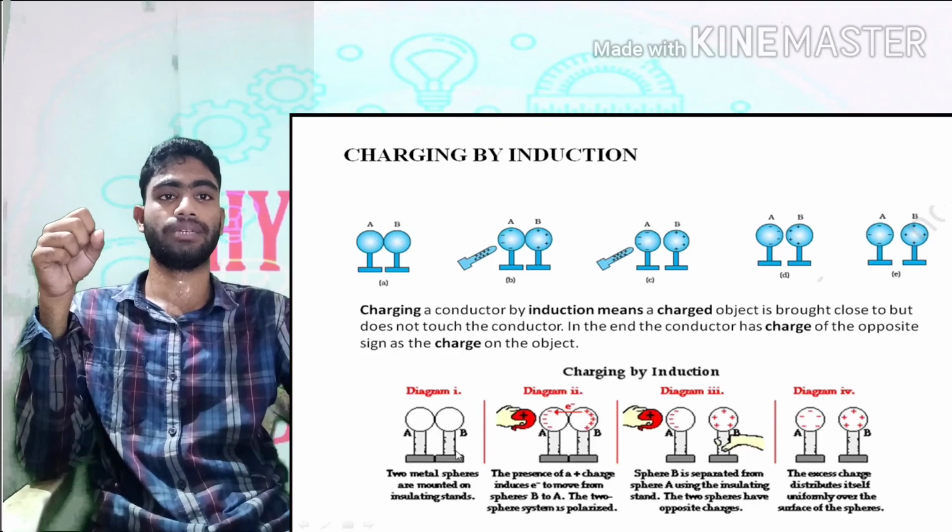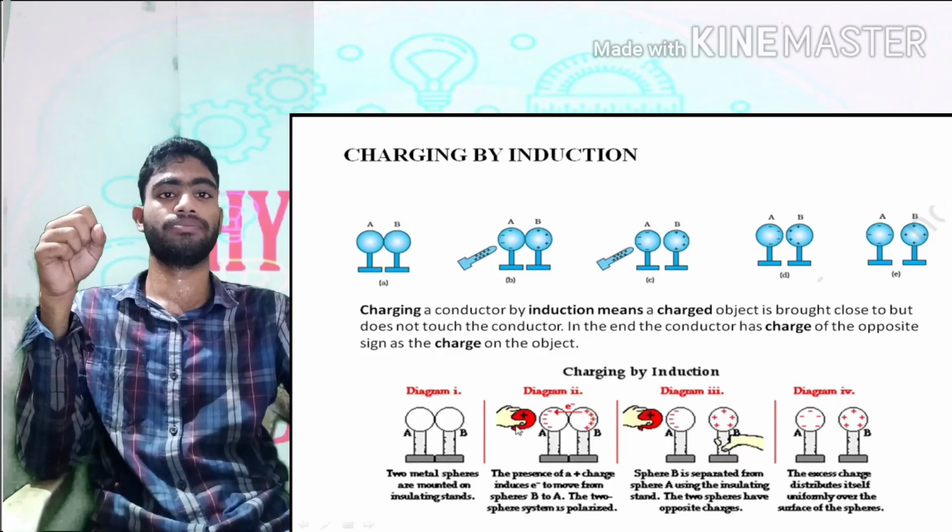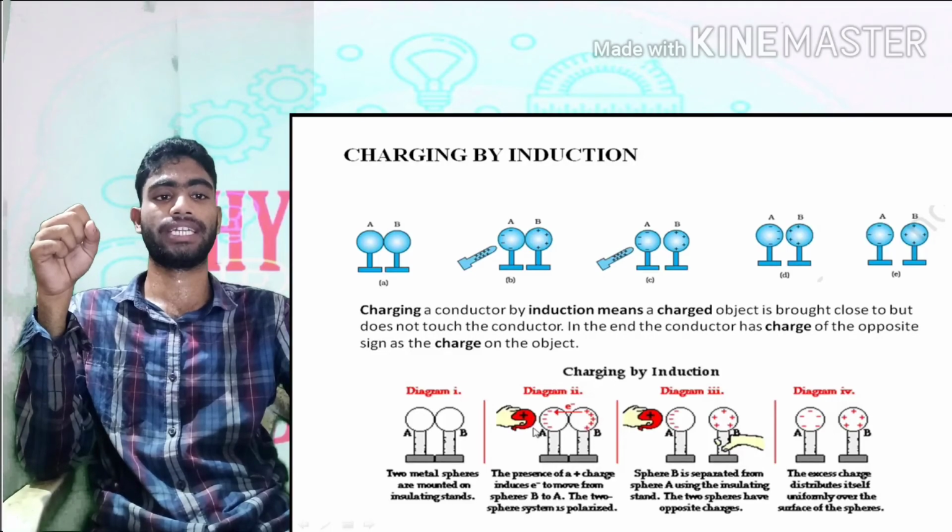Okay, here in the same picture I put one more example, where A and B are uncharged bodies. I bring a positive charge near these two bodies, and the same charge will be created at the far object, and the opposite charge will be created in the near object.